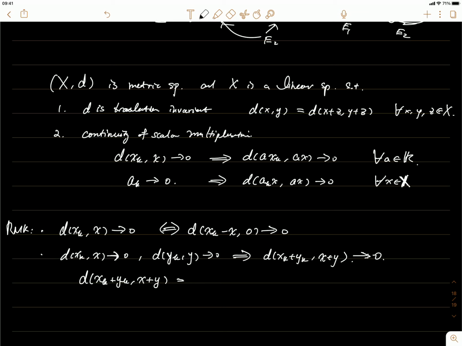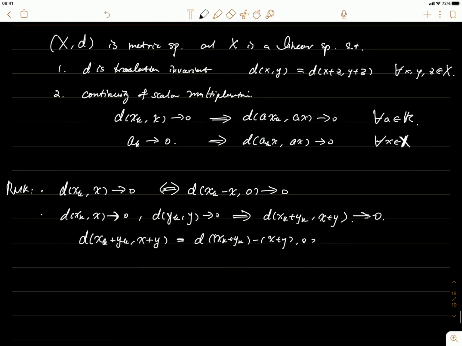And according to the first remark we made, this should be equal to the d of xk plus yk minus x plus y, 0. Right? We just use translation invariance. We subtract x plus y from both arguments. And then we can see that it's xk minus x plus yk minus y, since the summation is commutative.